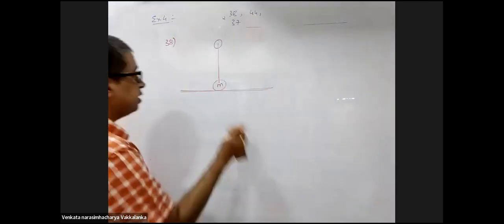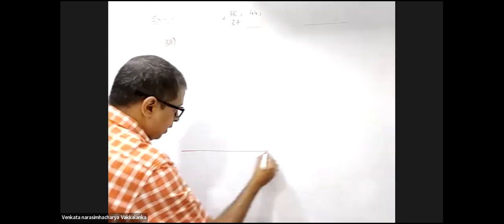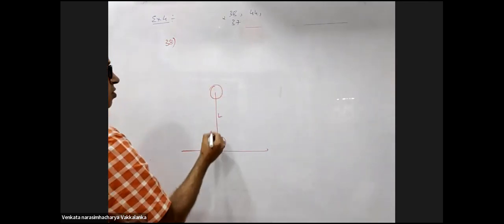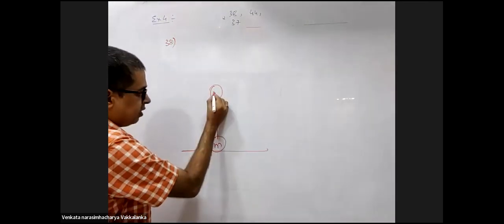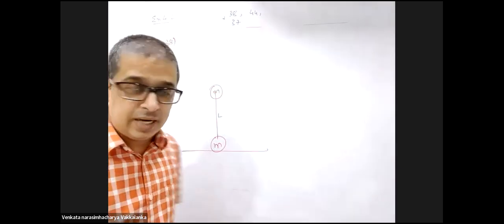I'll have to bring down the diagram to explain. I will solve half the problem. And that is the main hint I will give you. This is L. You projected this mass here with what velocity? With under root 10 GL. Yes, sir.